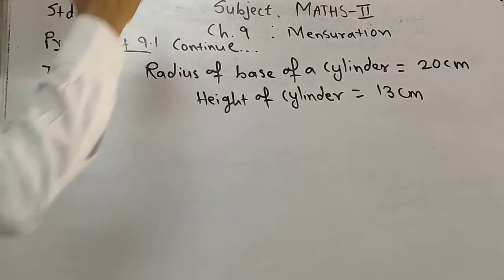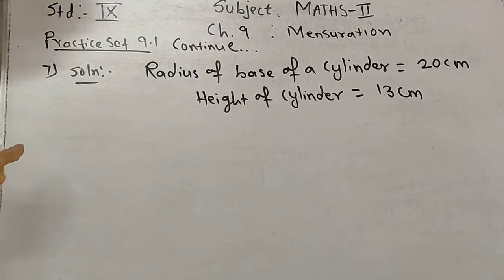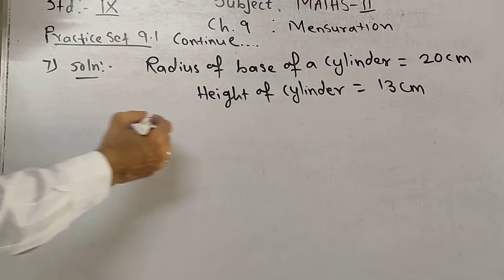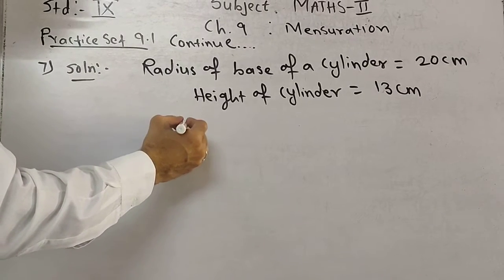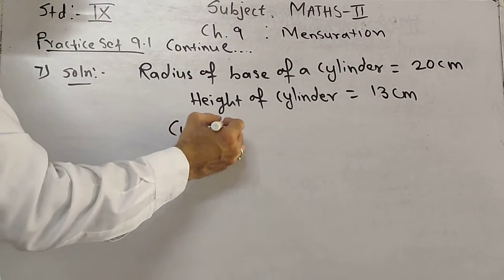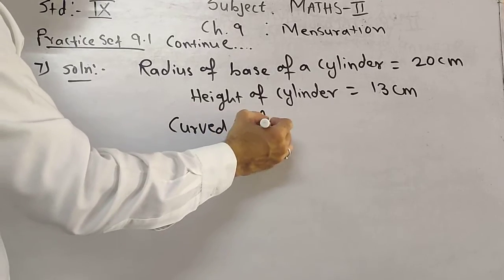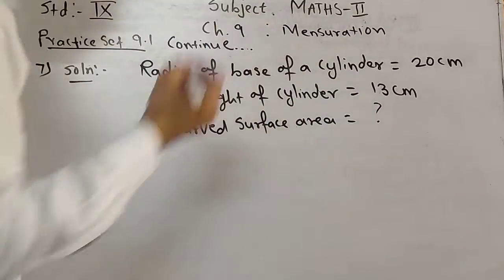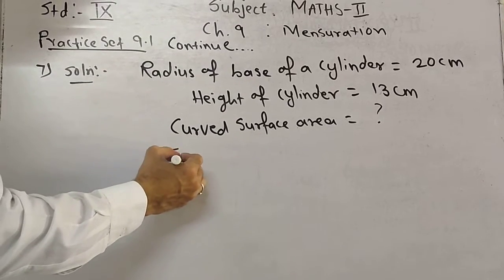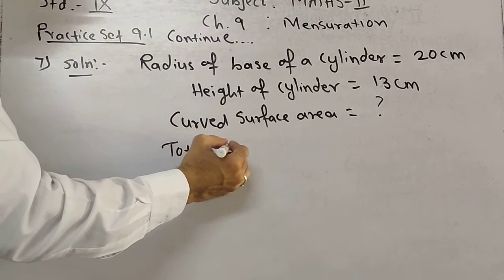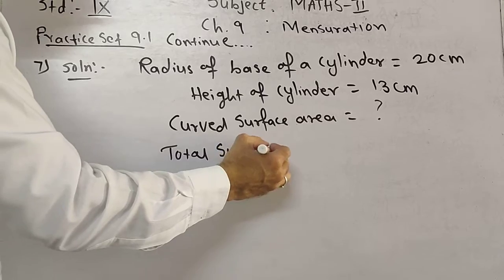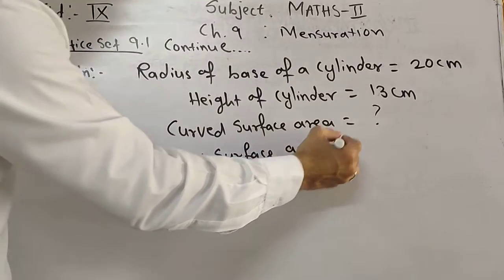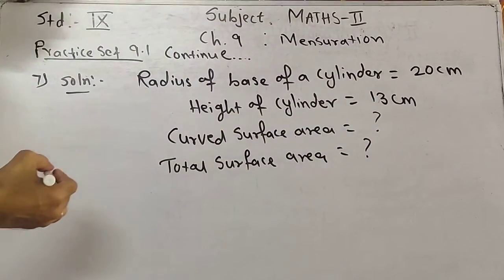Height of the cylinder is 13 centimeter. Find its curved surface area, which is not given, you have to find out, and you have to find out the total surface area.